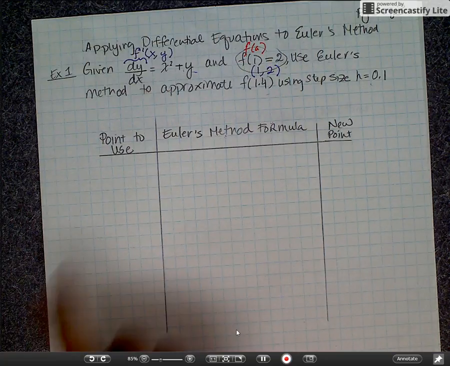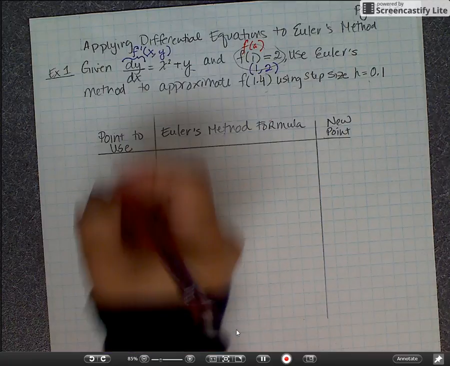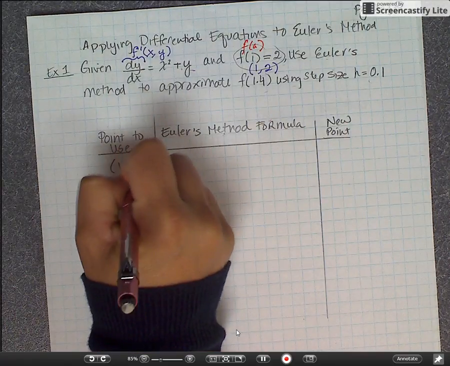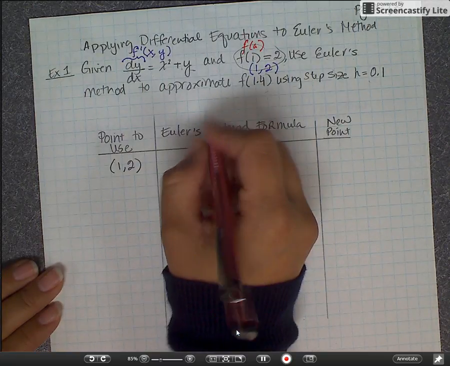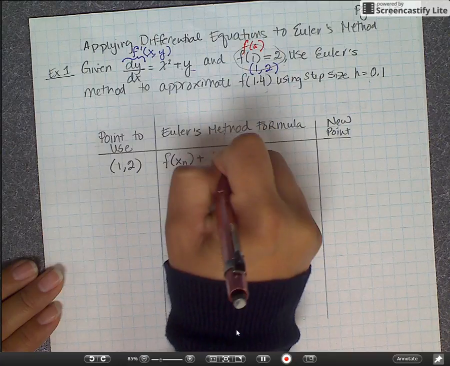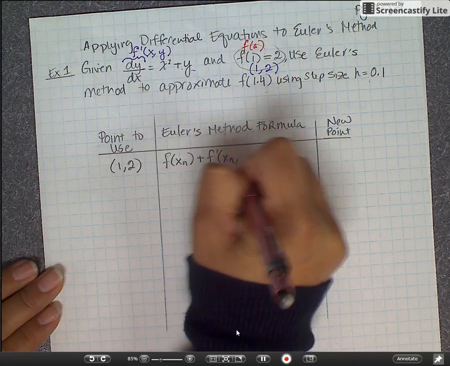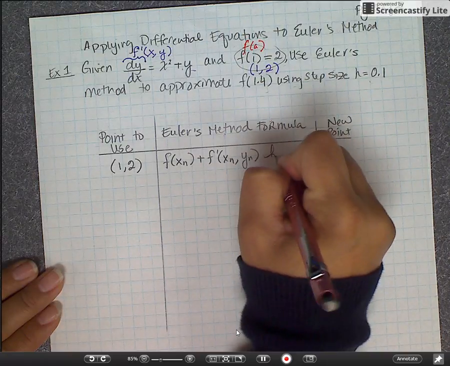Now what I'm going to do is first write down the point that I'm using here, 1, 2. And I'm going to write down Euler's method, which is f of xn plus f prime of xn comma yn times your step size h.